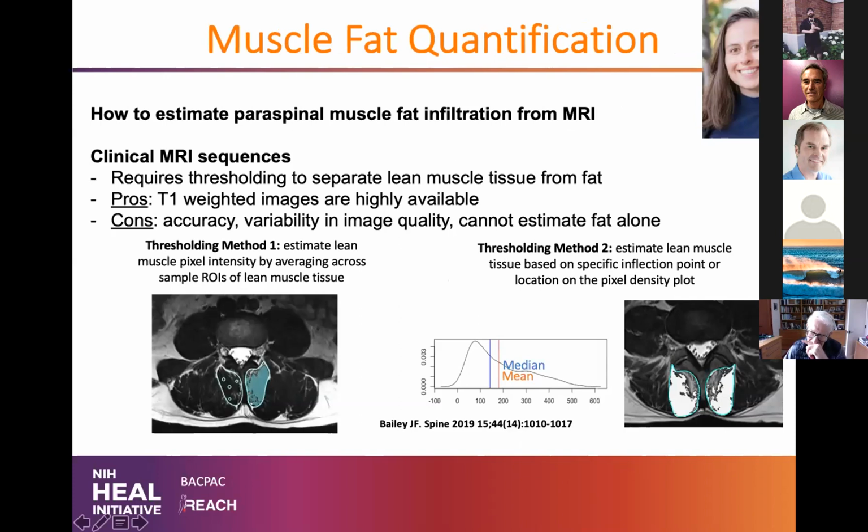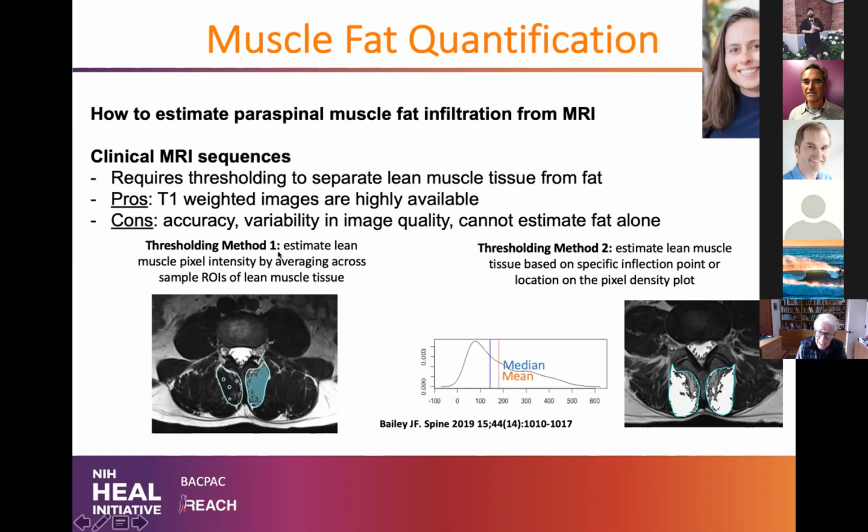So here's some work from Jeannie Bailey, who is very interested in muscle fat and muscle fat quantification. In this study, she investigated methods for how we can use these clinical images, the T1 weighted and T2 weighted images, to make some assessment about the fat.